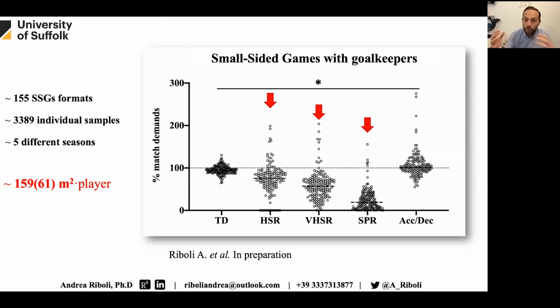This information comes from different teams and different clubs, so this is a picture of what is usual during a small-sided game in elite soccer. I would highlight that the average area per player utilized in small-sided games was about 159 meters square per player. This information should be considered for the next slides.